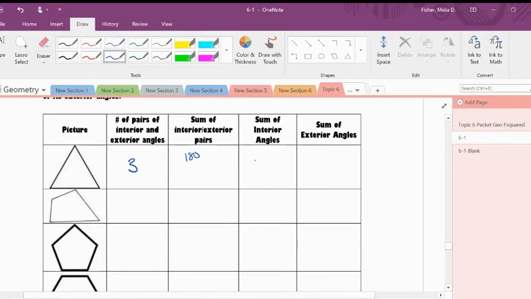The sum of the interior angles has to add up to 180. And the sum of the exterior angles, so these would each be 60, and that would make each of those 120, and 120 times 3 is 360.